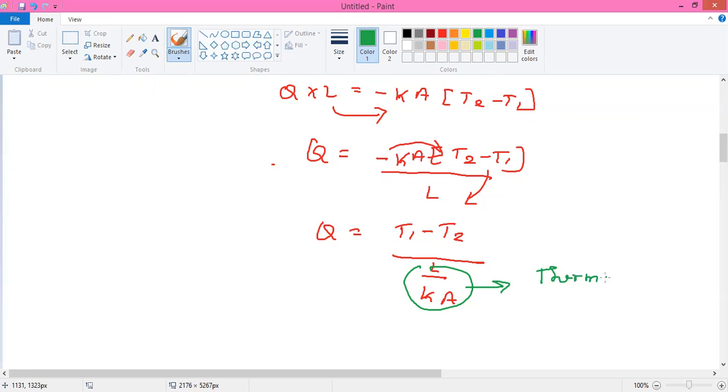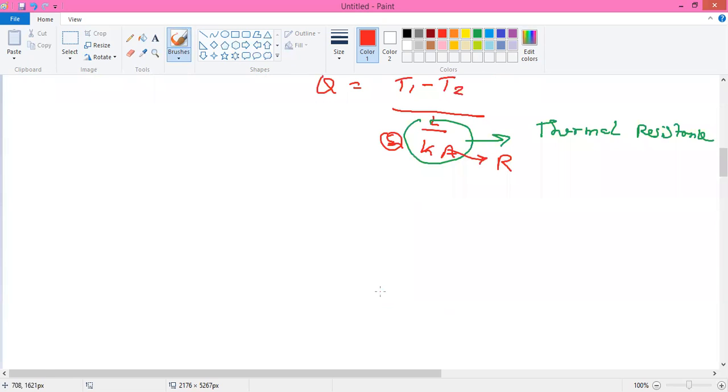So this is very important. It is named R. Again we write the equation as Q equals T1 minus T2 divided by R, where R equals L by KA.